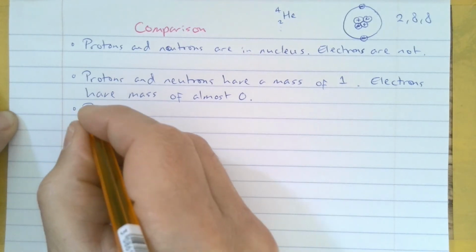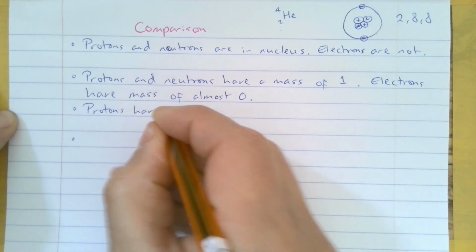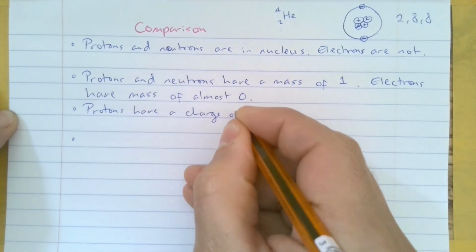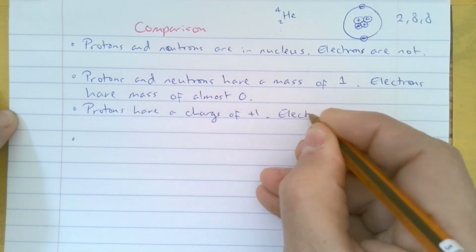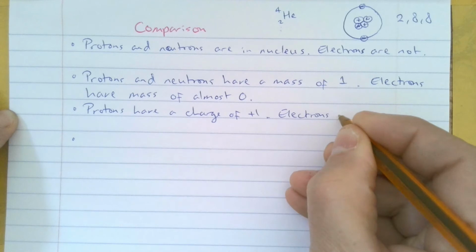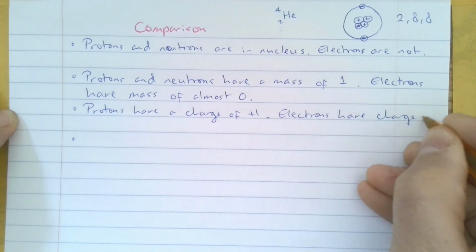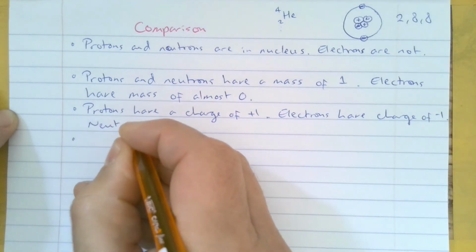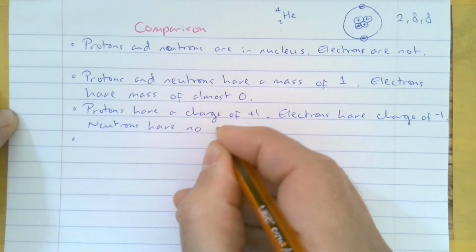I know protons have a charge of +1. Electrons have a charge of -1. And neutrons have no charge.